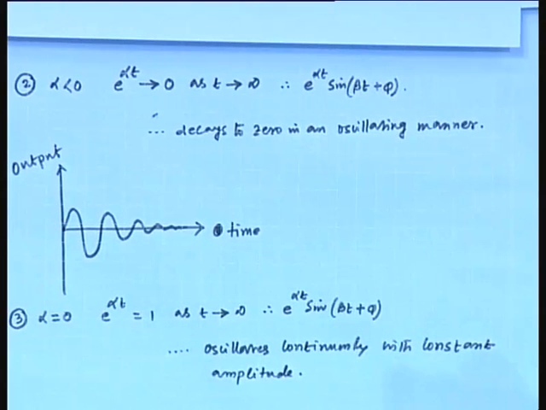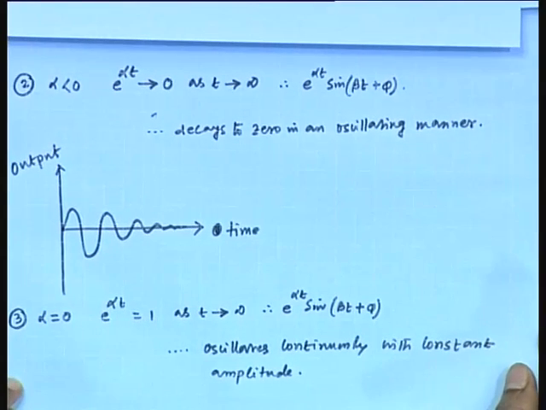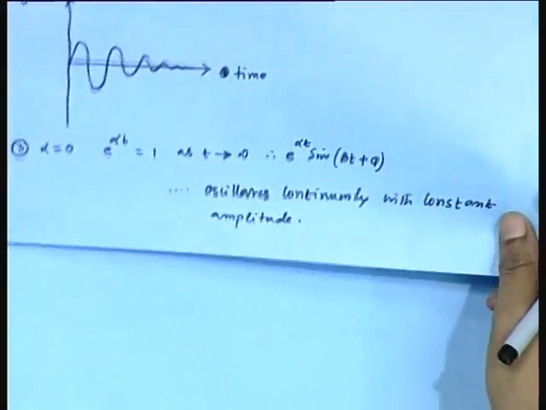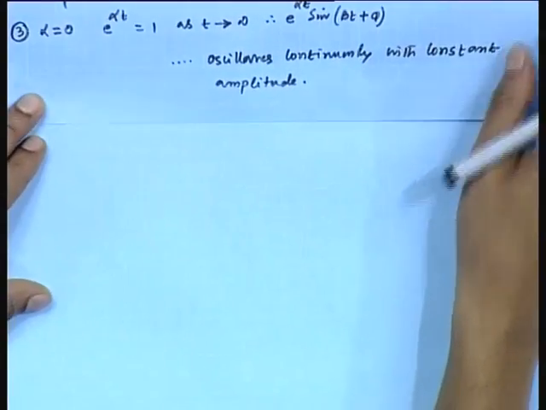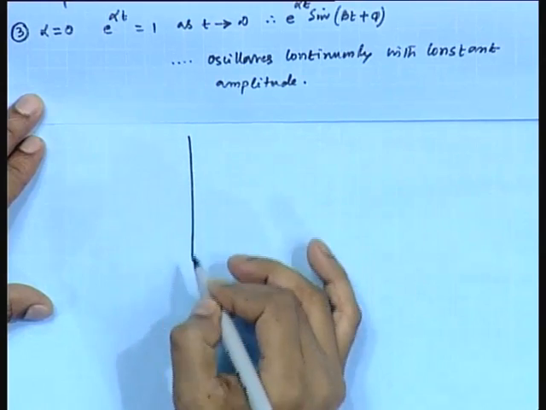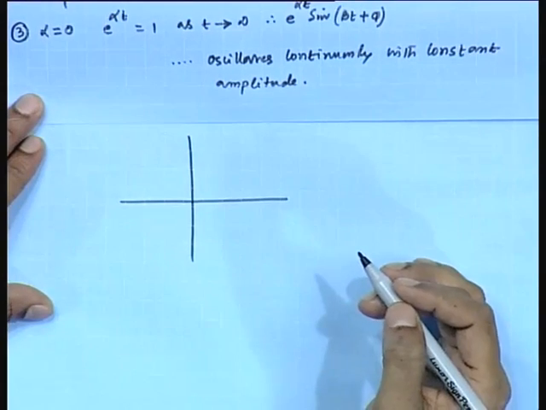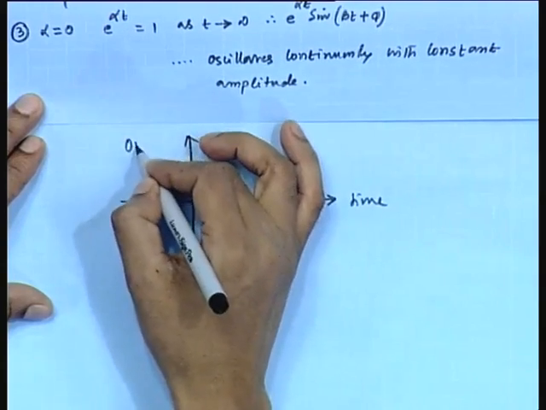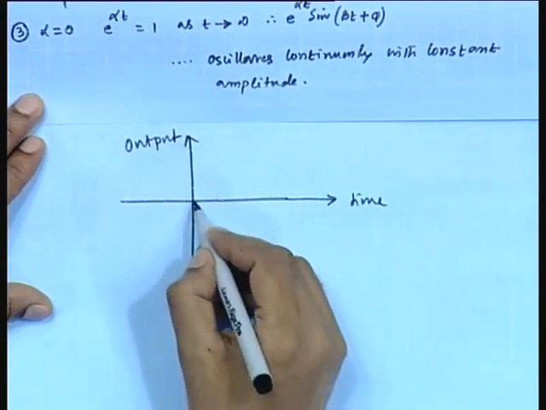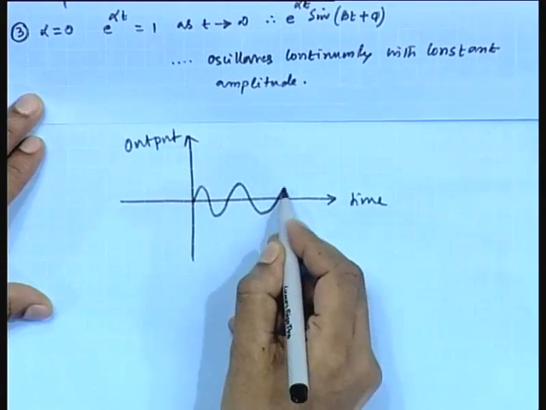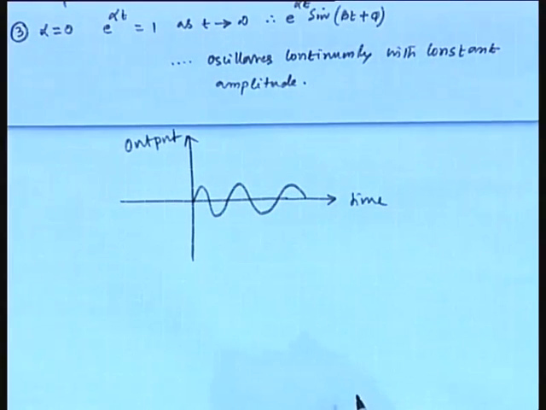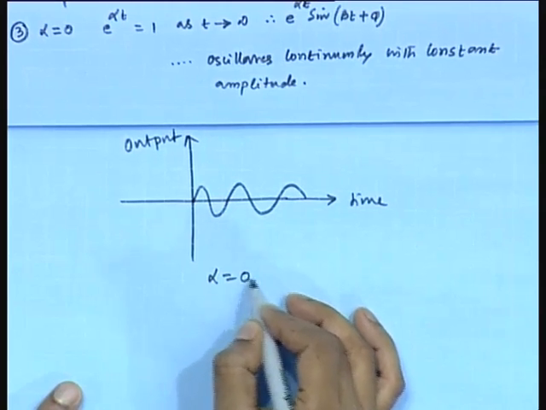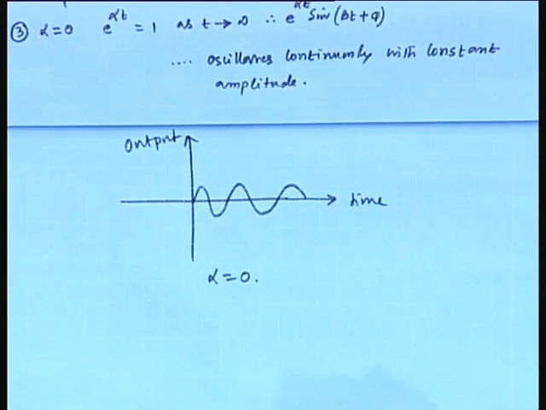This is sometimes called marginally stable, and for this case the graphical representation is, okay, fine. This is time, this is output, like this. This is the case for alpha equal to 0.